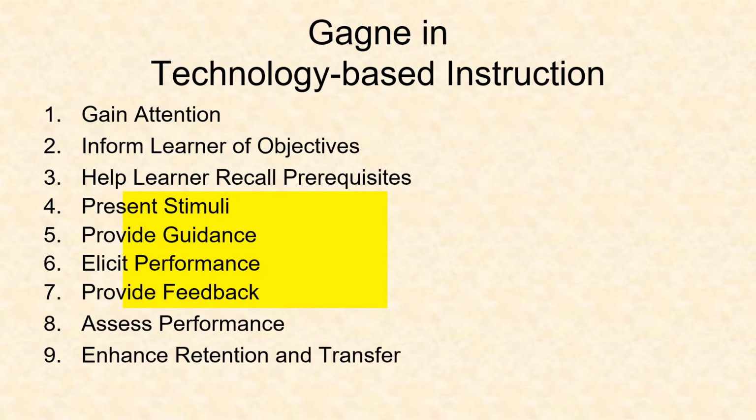In review and in short, you can see the first 3 steps are handled immediately upon entering the training module. Steps 8 and 9 are handled at the end of the training module. Steps 4, 5, 6, and 7 are repeated again and again until all the objectives have been met in the training.